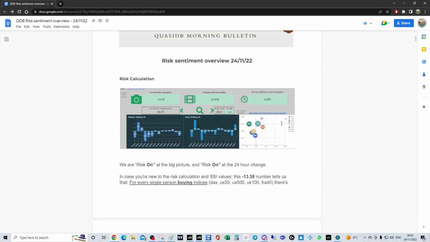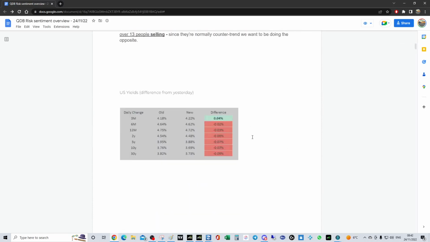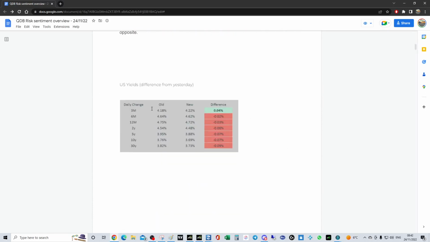And if you don't understand the bubble logic, let me know and I can tell you how to use the bubbles. It's very simple. So the yields all fell, so that indicates a soft USD, but the 3-month is being stubborn. And once that dips below, if we go negative, then I think it's going to probably be like a nail in the coffin on the dollar.